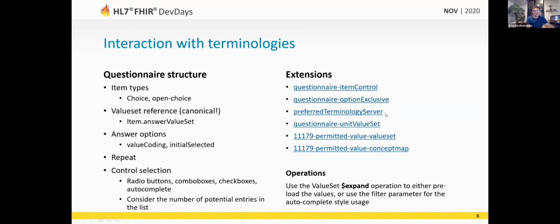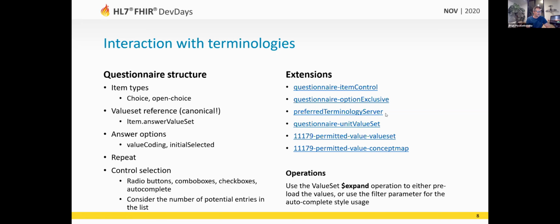So we've got an extension that says preferred terminology server, which we can point to a specific terminology server if we want. That can be at the root, the top level of the questionnaire, to apply to the whole questionnaire, or it could be on a single item itself and say this one requires a specific set of terminologies which are on our geolocation terminology service, and point over there.